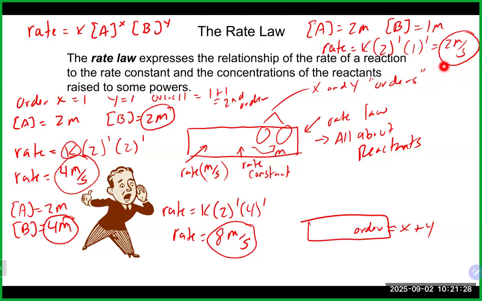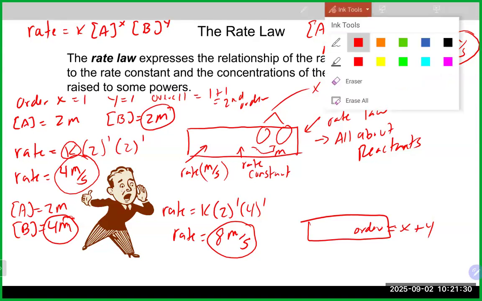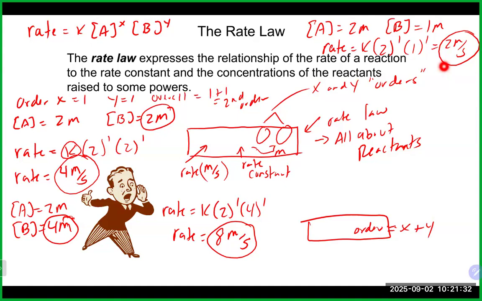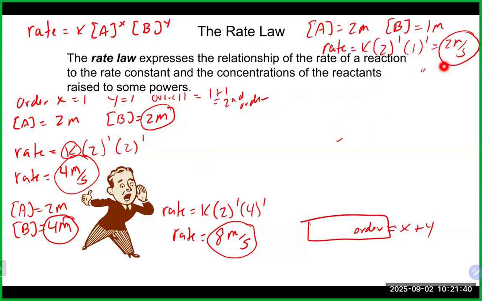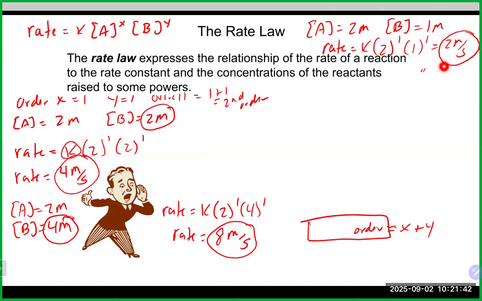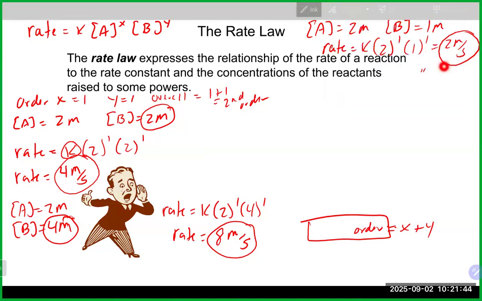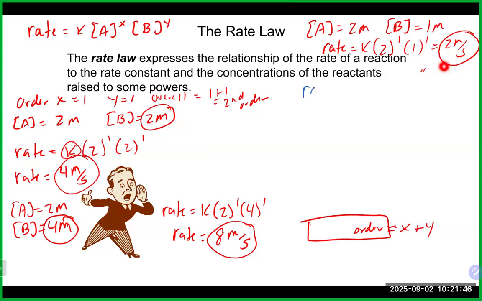Now, let's just say, for example, we had a different set of orders for a particular reaction. So I'm just going to get rid of some of this here so it's more to the right. Let's say in this particular case, we found out that for our rate law, the rate is equal to k[A]^1[B]^2, right?